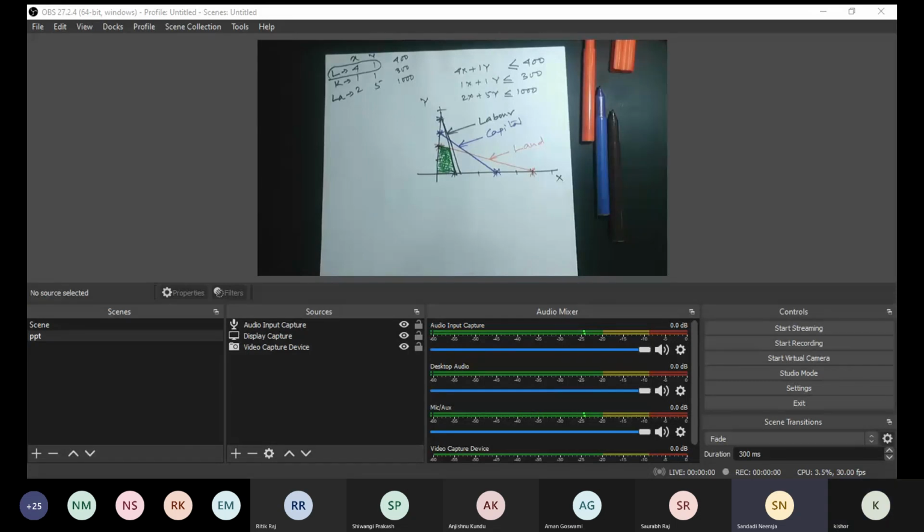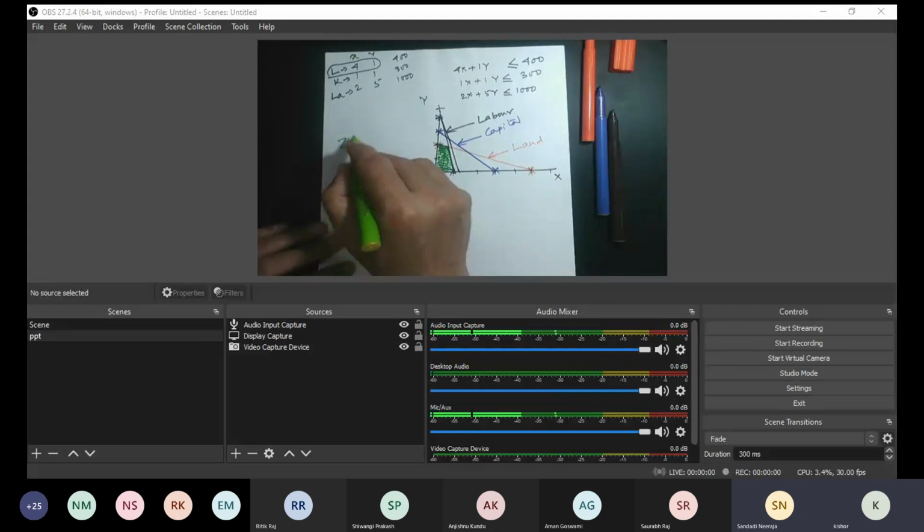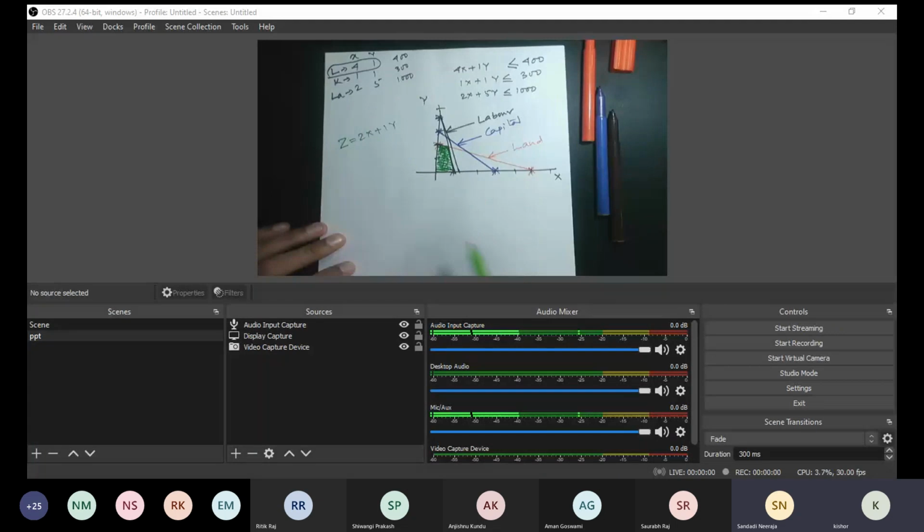Okay. The second step is identifying your isoprofit line, because we know z equal to 2x plus 1y. We do not know the values of x and y, we are deciding that. But we know the slope of the isoprofit line. How is it measured? Unit profit of x divided by unit profit of y.